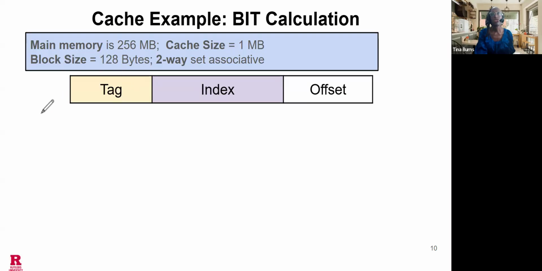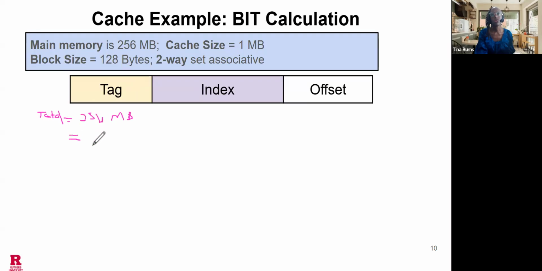So I know my total memory bits. I'm just doing this for my own reference. You'll see this later in the example. Total number of bits for memory is going to be 256 megabytes, right?